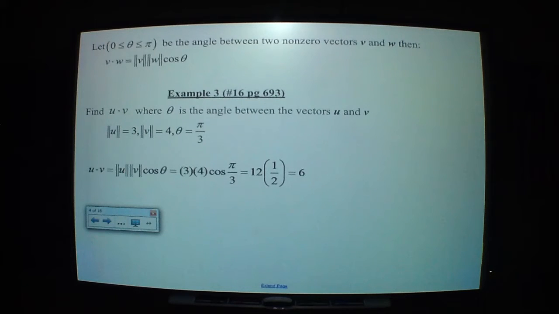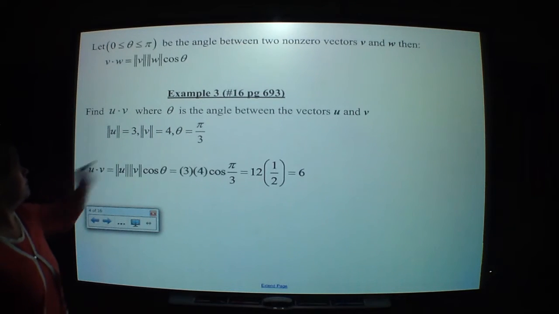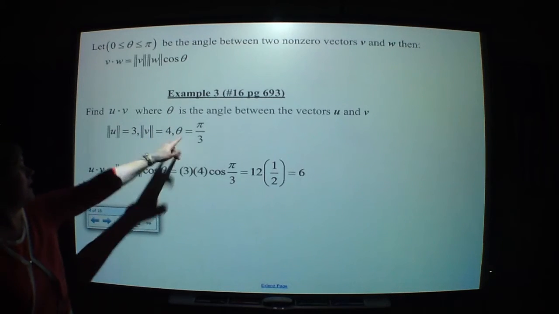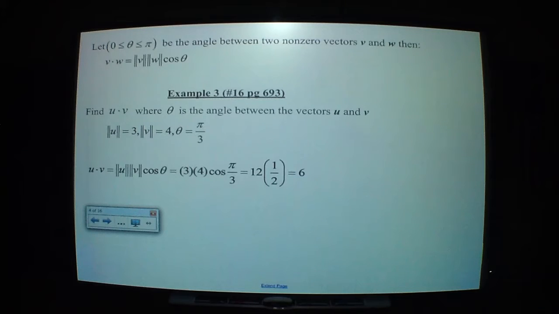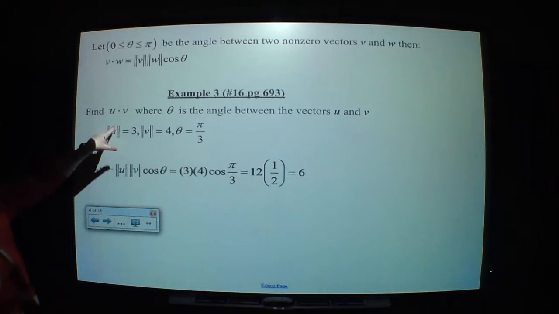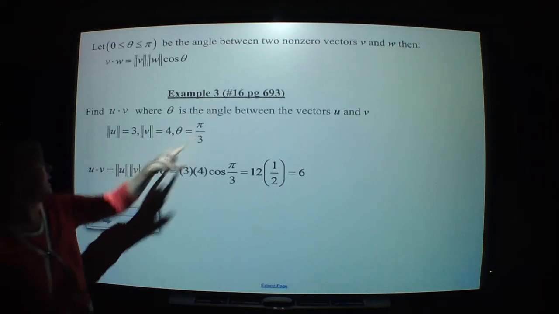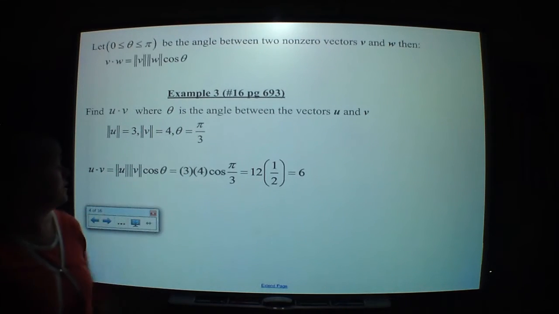So if I want to find, given a magnitude of u of 3, a magnitude of the vector v of 4, and the angle between them is pi over 3, I want to find the dot product. Sometimes I might ask you to find the angle between them, so that'll be the only unknown. So plug in what you know. Magnitude is 3, this magnitude is 4, and this is pi over 3. So I plugged in what I knew.